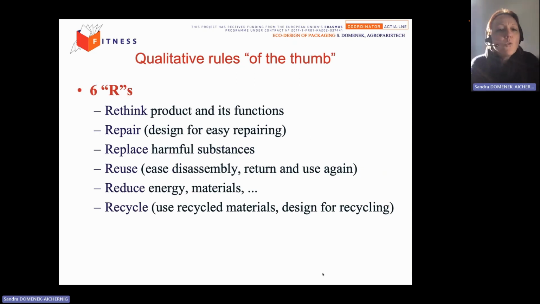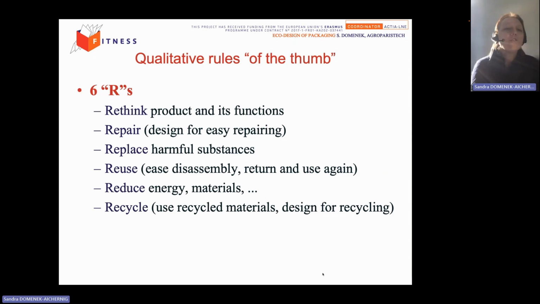So qualitative generative rules are, for example, such rules of thumb as I'm showing to you here, which is the 6 R's. Rethink products and their functions; repair, so design for easy repairing; replace harmful substances; reuse, so ease disassembly, return and use again systems; reduce energy and materials you need to make the product; and recycle, so use recycled materials and design for recycling.